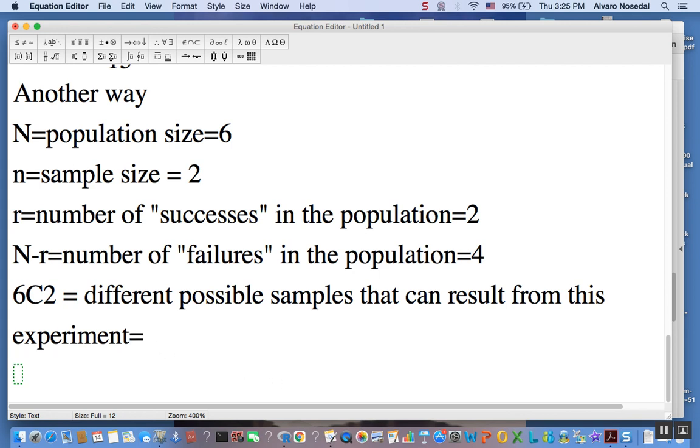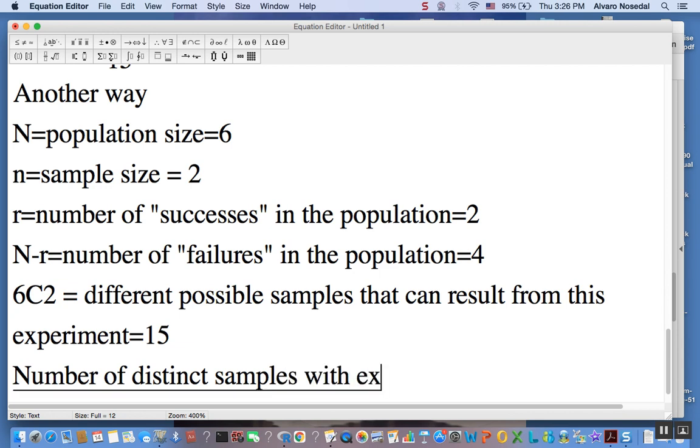We already found it using R. Now let's think about the number of distinct combinations with exactly 0 successes. So let me write it down here. Number of distinct combinations or samples with exactly 0 successes.